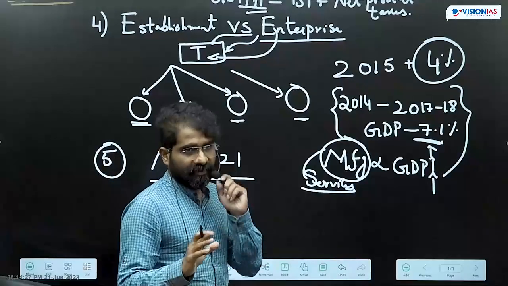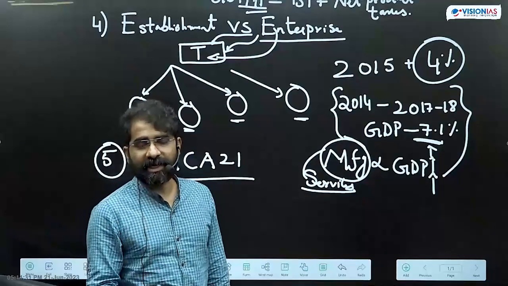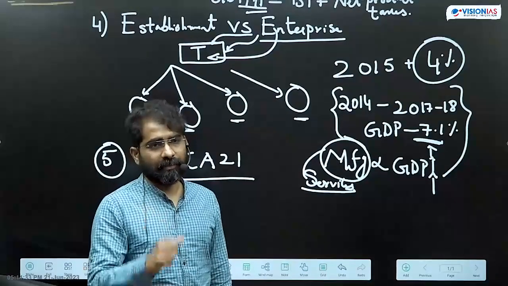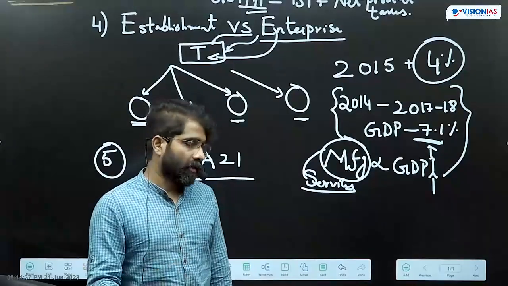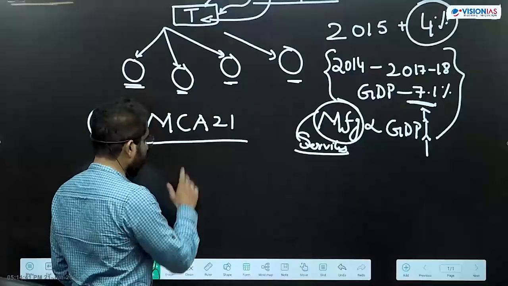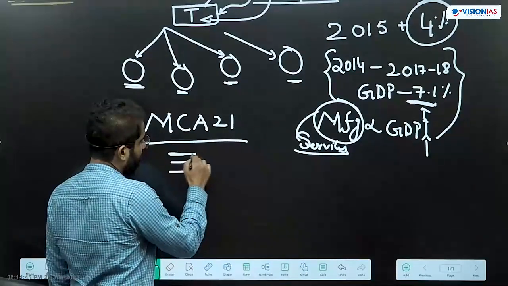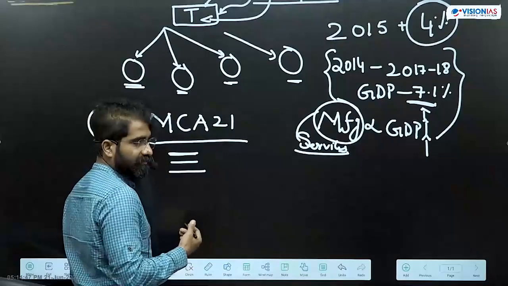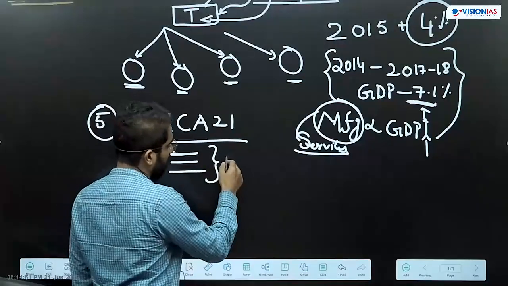That means earlier they used to take a sample of RBI's entity which had around, let's say, 2 lakh companies. Now you have more than 3 lakh or 5 lakh. Now this MCA 21 has the data. That means it has the data of all those companies which have filed their accounting statements at least once in the last 3 years.